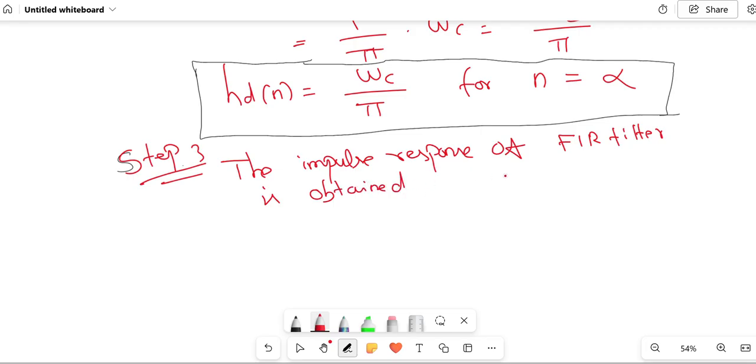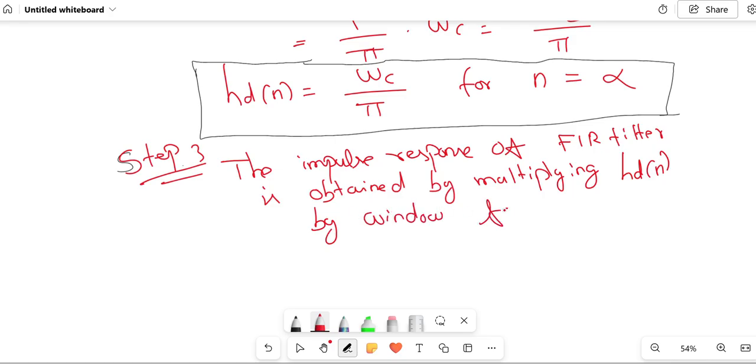By truncating your infinite impulse response coefficients into finite impulse response coefficients by multiplying the HD of n by the window function.